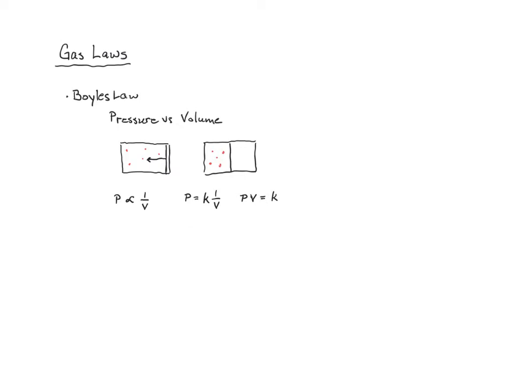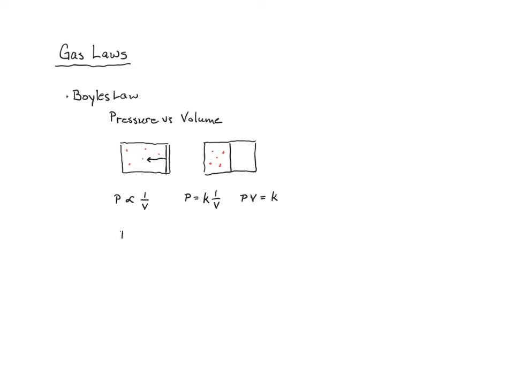Now, what that constant is depends upon what gases we're talking about and what the other parameters are doing. But the important thing to recognize is that if I keep those parameters constant, the pressure times the volume under any set of conditions is going to equal the pressure times the volume in any other set of conditions.